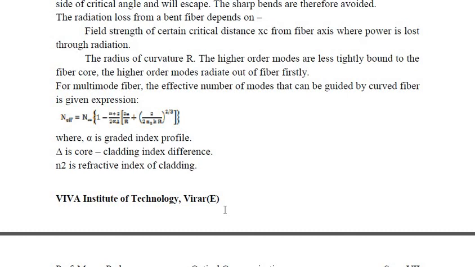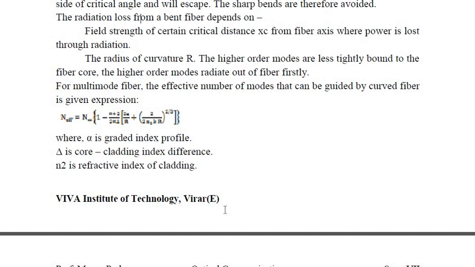N effective is equal to N into 1 minus alpha plus 2 upon 2 alpha delta into 2a by R plus 2 upon 2 pi, cube pi 3, 2 alpha 3. I will just check this equation and let you know. Alpha is the graded index profile. Delta is the core cladding index difference.